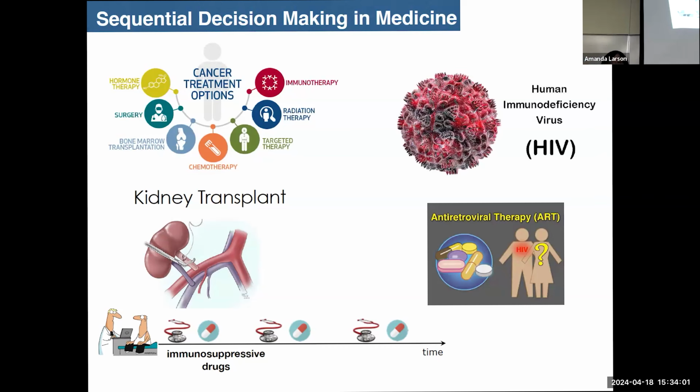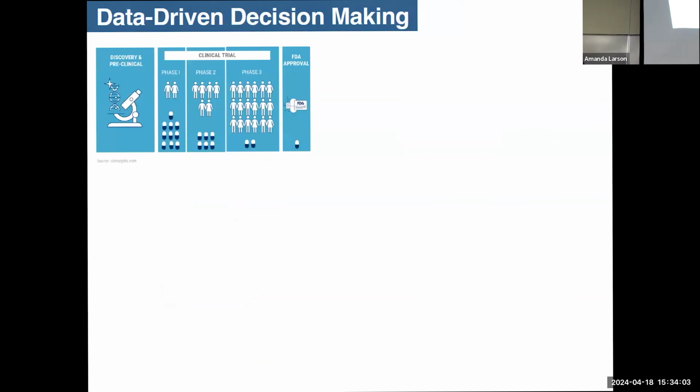Okay, so to determine the optimal sequential decisions, the gold standard we know is conducting clinical trials, right? However, for sequential decision making, if you have many stages, and at each stage a relatively large number of potential treatments, then conducting randomized clinical trials will be infeasible or very costly.